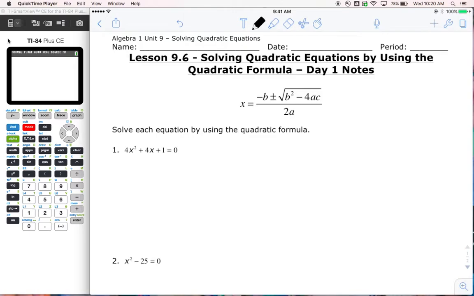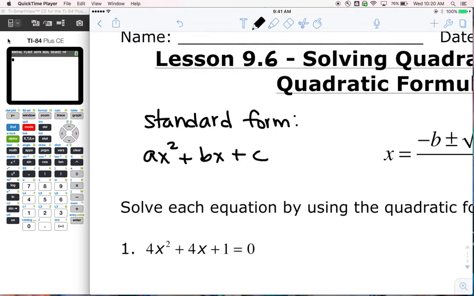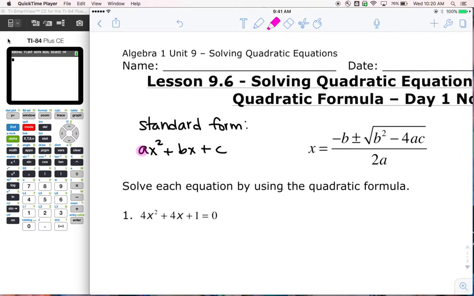Before we start using this thing, we absolutely, positively have to understand that they are getting their equations from the standard form of a quadratic. So let's write that here really quickly. Standard form of a quadratic, let's remember, is ax squared plus bx plus c. And we're going to be using these numbers a, b, and c in our formula, right? The a, we see it in two places.